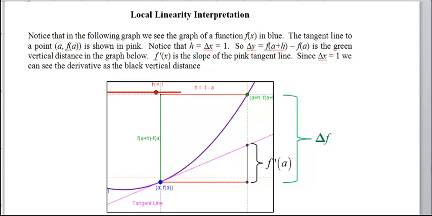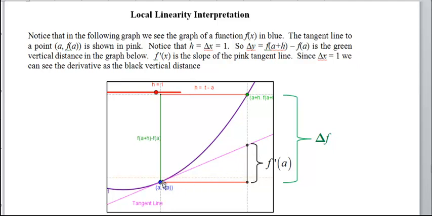Now, look at what's happening in this graph. I've got a close-up view of a particular point on the graph, A, f of A, and I've looked at some delta x, which is h, and I moved over that red distance.